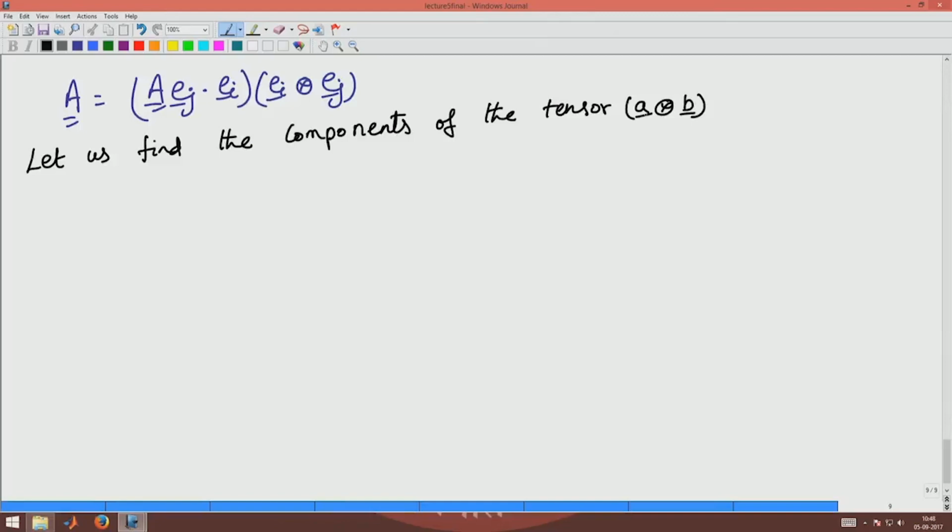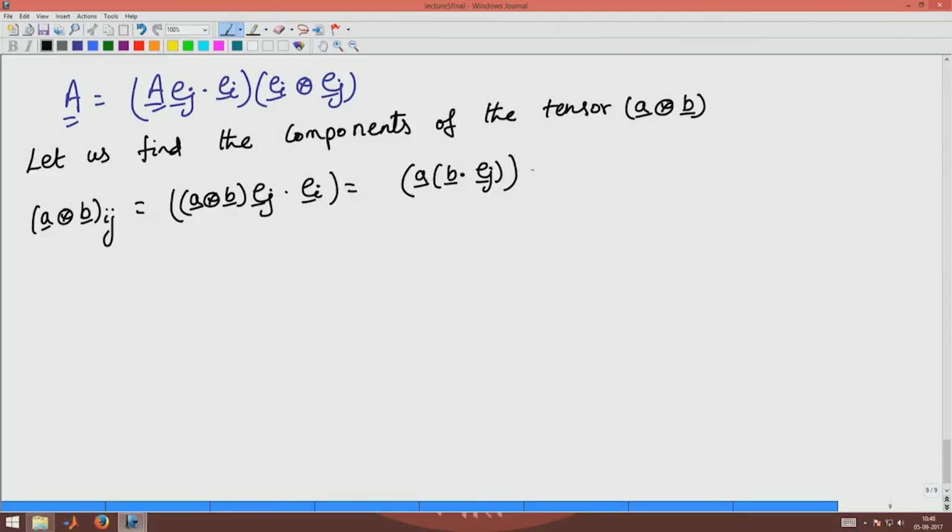Okay, I would apply the same rule. So, A tensor product B, the ij component would be A tensor product B acted upon by Ej dotted with Ei. From the definition of the tensor product, this is A B dotted with Ej dotted with Ei.